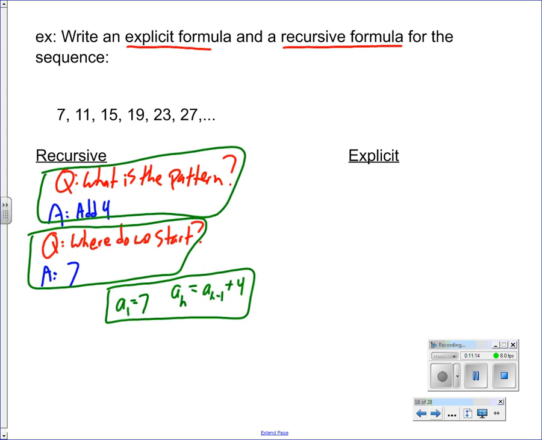So the explicit formula is a little more difficult. We'll go over some different ways of doing this, but for explicit, we're trying to see how we can relate the term number to the term itself. So instead of what's the pattern for each next term, it's how does the term number relate to each term.